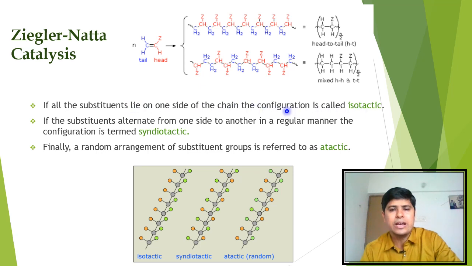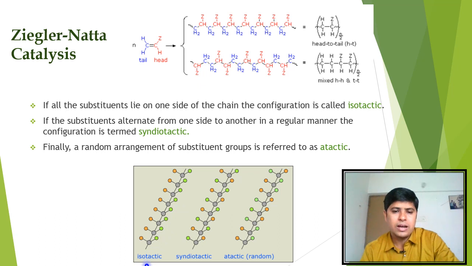If the substituents alternate from one side to another in a regular manner, the configuration is called syndiotactic. Now see here, all the substituents are on the same side. Suppose all orange substituents are on the left-hand side and all green substituents are on the right-hand side, then such a pattern is called an isotactic polymer.